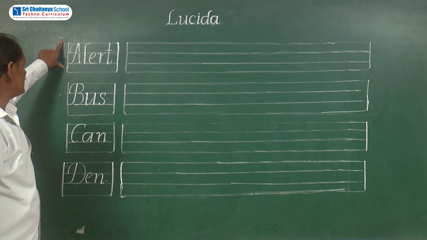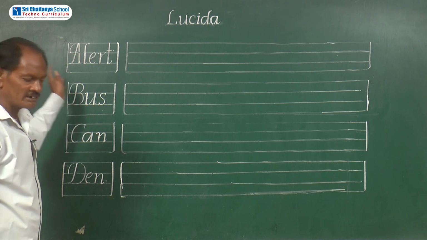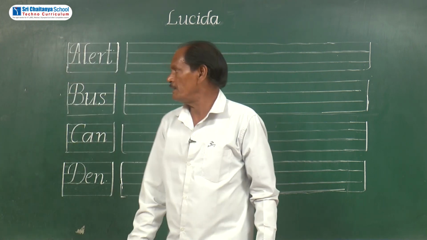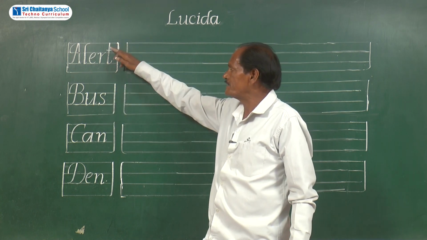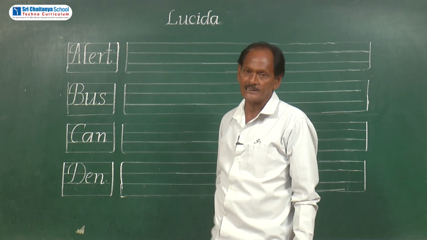These are some words which start with a capital, and the remaining letters are only small letters.